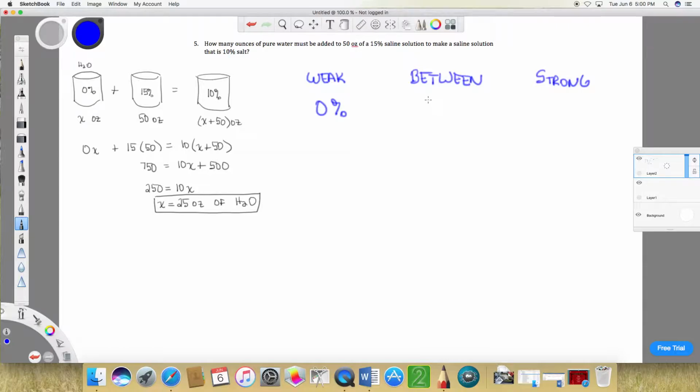The in between is the 10%, and the strong is the 15. So we don't know how much water that we need to use, and we do, however, know that the strong was 50 ounces.